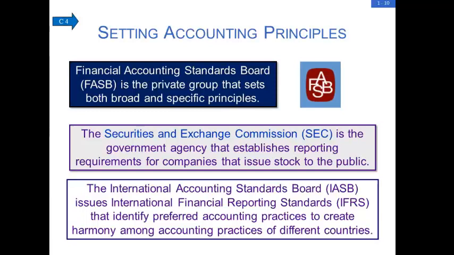And so there's a big push to internationalize all the accounting rules. That way you can compare and contrast companies' performances across the globe. So the IASB is the one that's coming up with that set of rules. The United States has not yet adopted that yet, but at some point down the road, we will.